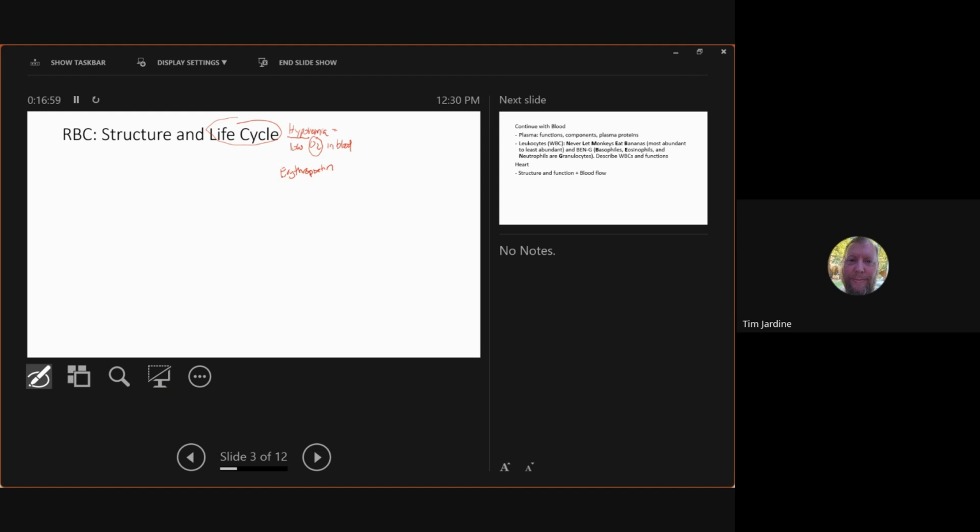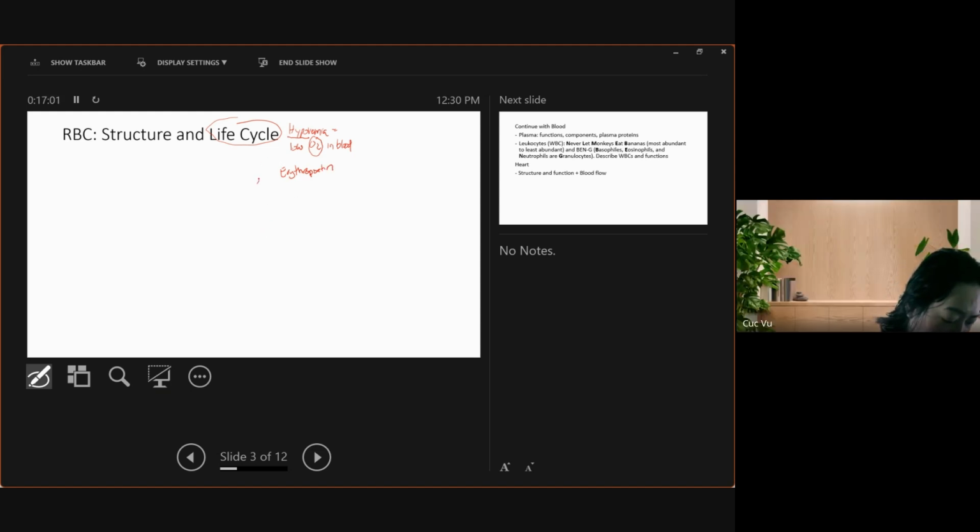Okay. Erythropoietin is naturally made by the kidney and the liver. So hypoxemia is going to trigger the release of erythropoietin. We're going to just put EPO for short. Erythropoietin from the kidneys and the liver.